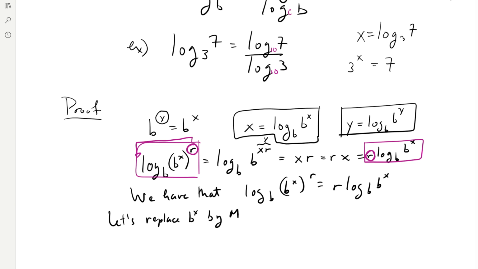So m here, since m is equal to b to the x, varies between 0 and infinity. So it covers a wide range of numbers. This is what I actually mean here.